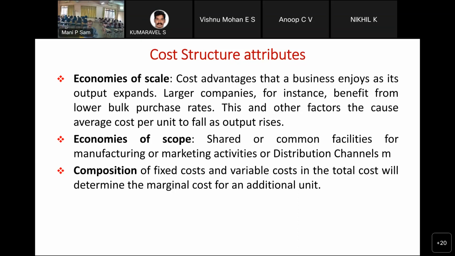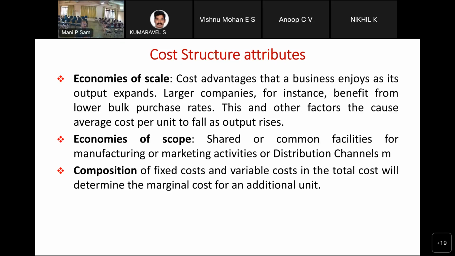Economies of scope: if you can share common facilities for manufacturing or marketing or distribution, that means you are having multiple products meant for multiple markets and customer segments, but they can be manufactured using a common facility, or they can be distributed using a common channel, or some of the manufacturing can be done by a common service provider. All those things bring in economies of scope.